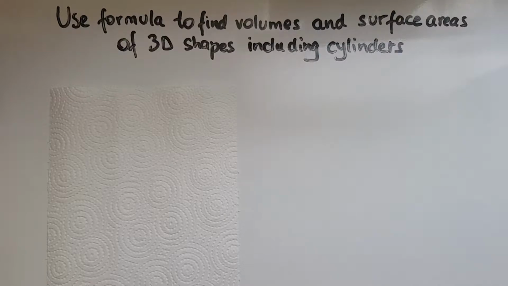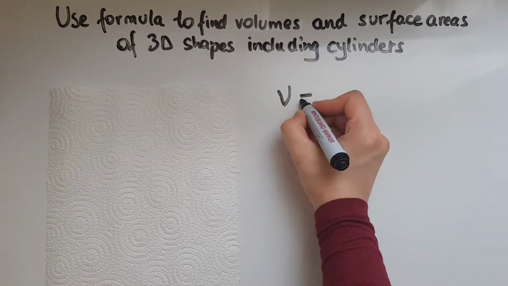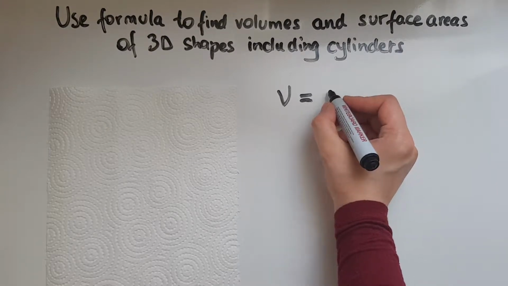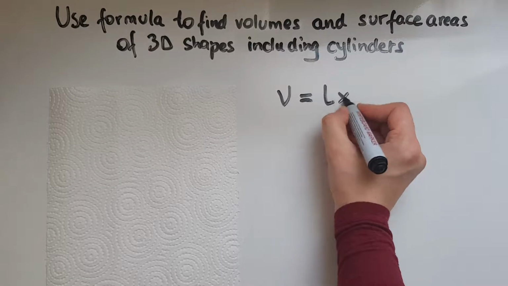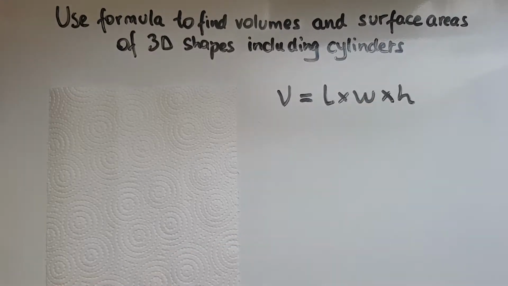And if you recall, the volume of a cube or a cuboid was worked out by multiplying length times width times height or depth. So it was 3 dimensions and our answer was in cubic meters, centimeters, millimeters, and so on.